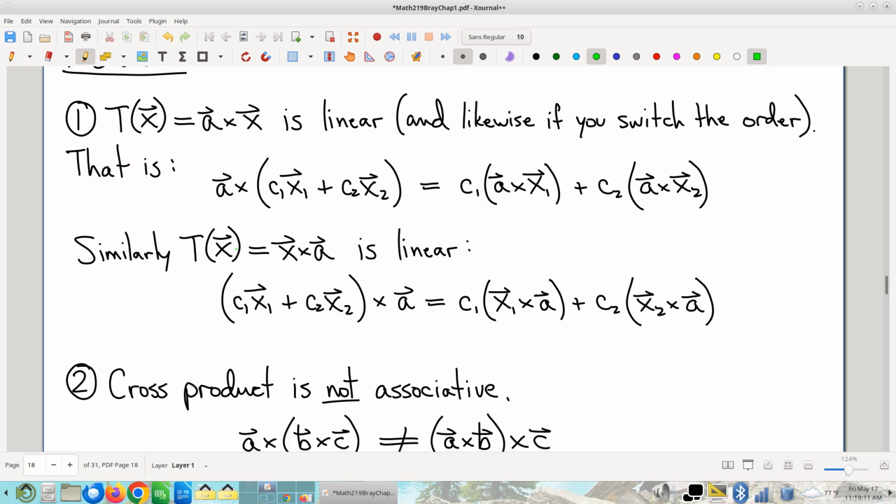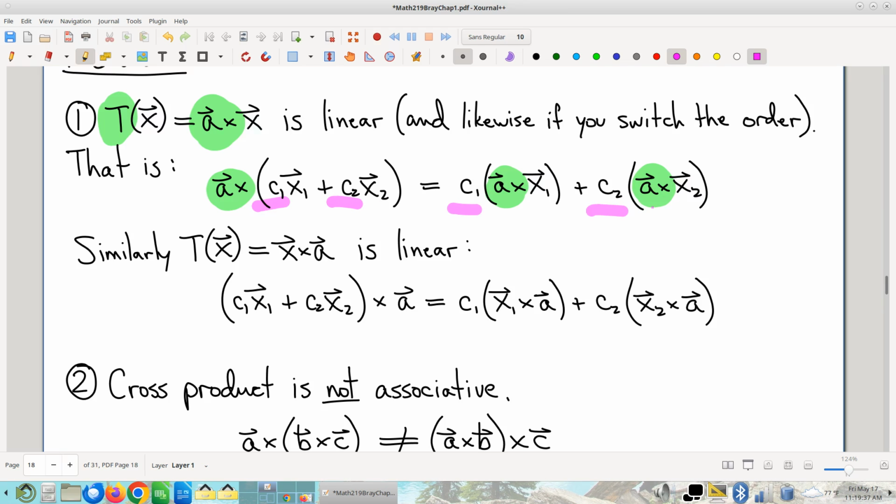So how do we see that cross product is linear? Well, just keep in mind that this function t is cross product with A. And so the statement that t is linear, there's t, and notice all I have is a linear combination on the inside compared to a linear combination on the outside.